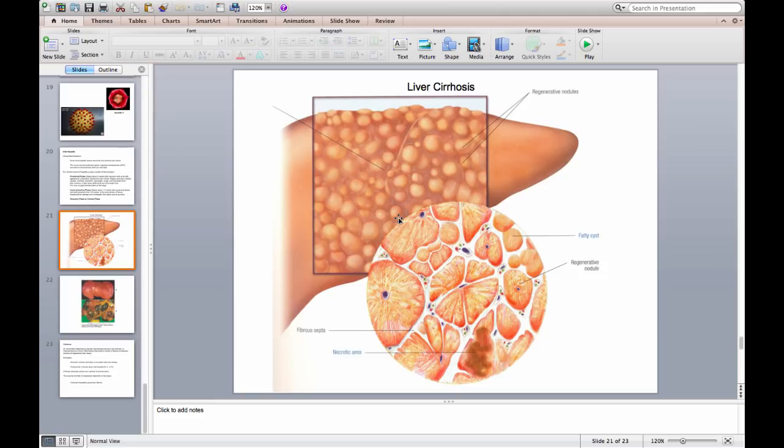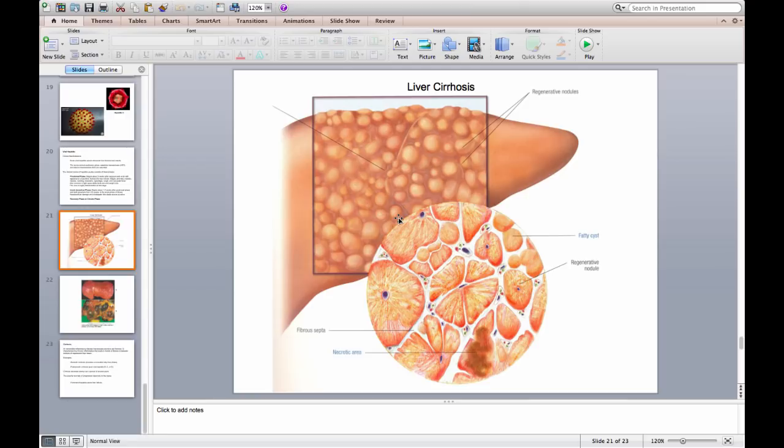And if you look at the tissue histologically, what we see are these very thick and pervasive bands of fibrotic tissue separated by these nodules of actually regenerated liver. Okay, so the liver's still trying to recover, but it's so diseased that even the regenerated tissue is not able to recover the whole organ's function. Okay.